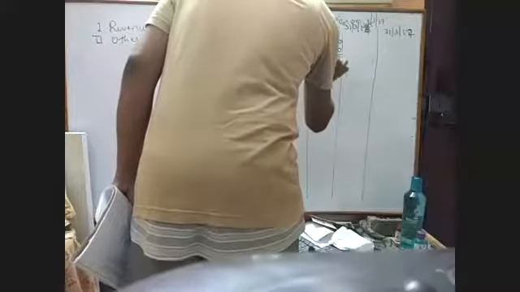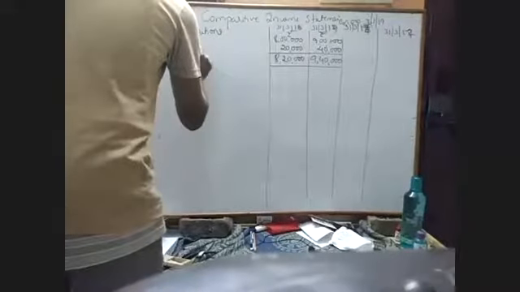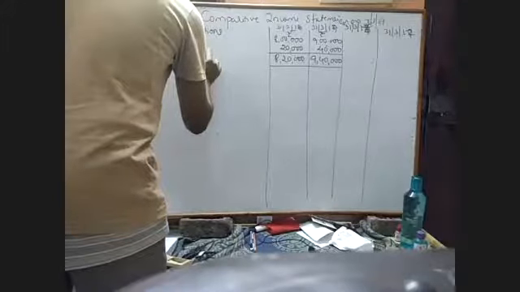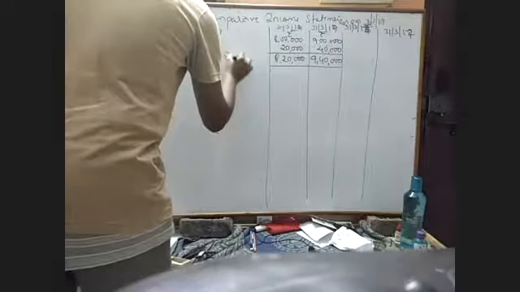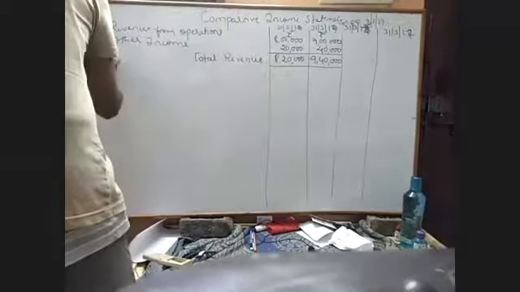So total is 8 lakh 20,000, 9 lakh 40,000. So this becomes total revenue, Roman 3.